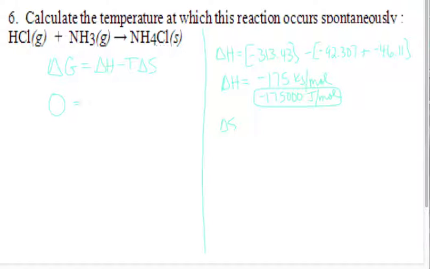So delta S's value, we've got 94.6 for the ammonium chloride entropy. Ugh, silly dyslexia. Joules per mole K minus 1 times HCl, 186.908, plus NH3 of 192.45.